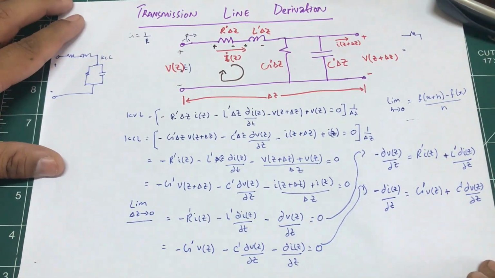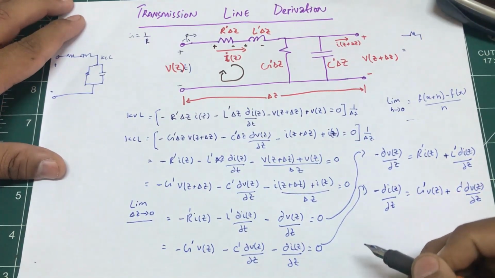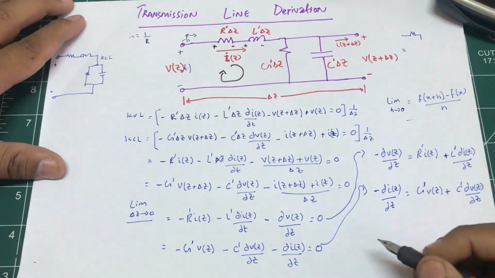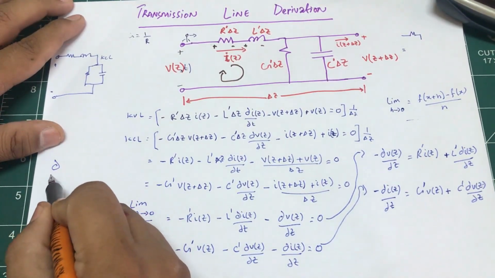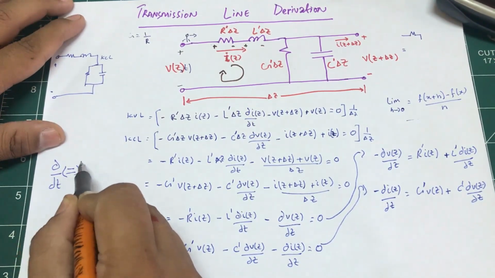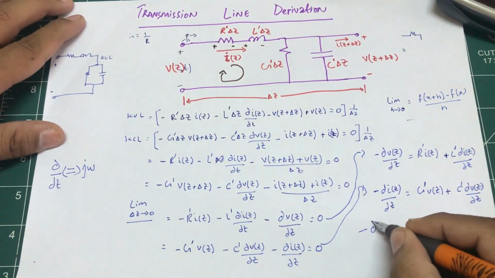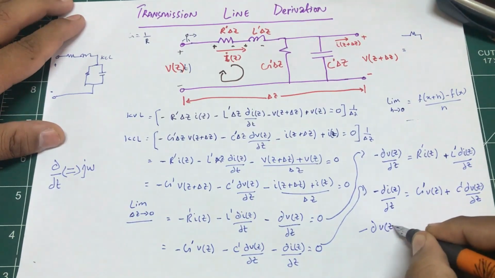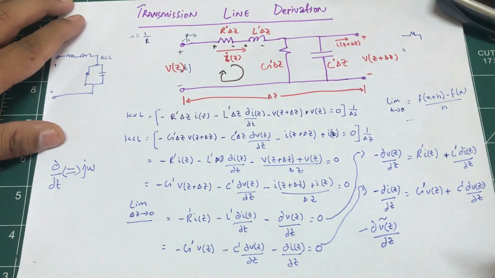Now, I'll do one more thing. Let's convert these equations into Phasor form, which means in frequency domain. Something I know about Phasor domain is this, that when I have d over dt in Phasor domain, I can replace this with j omega. All right, so based on this, the first equation would become dV of z over dz. Let's change this with tilde.